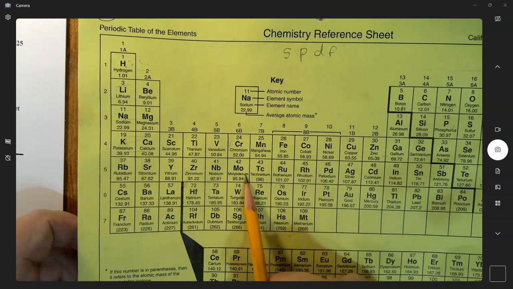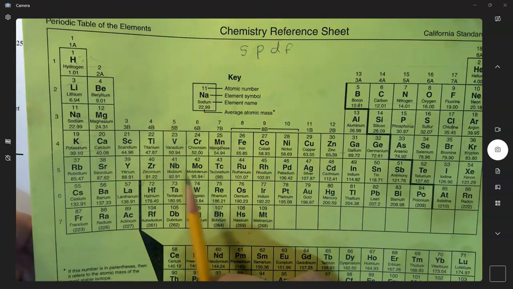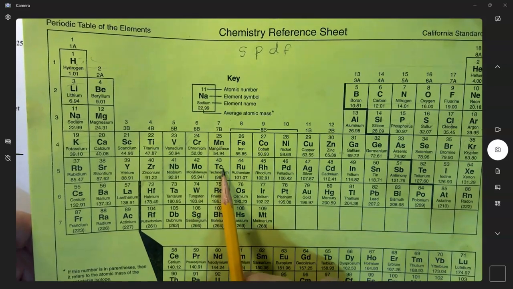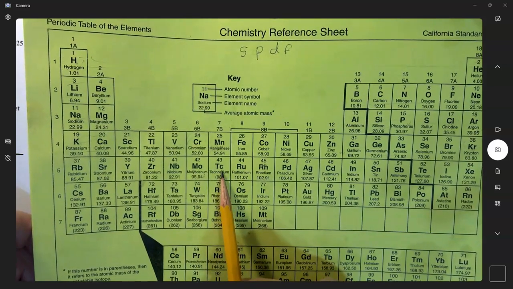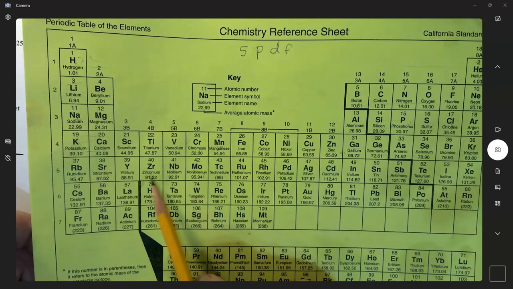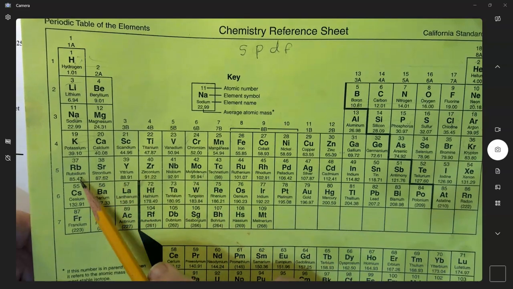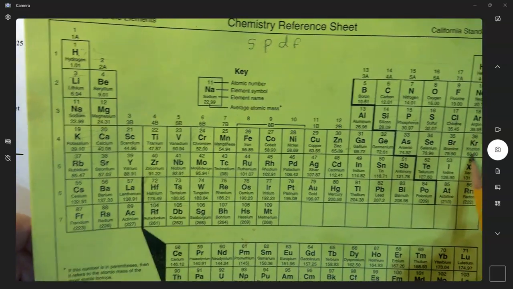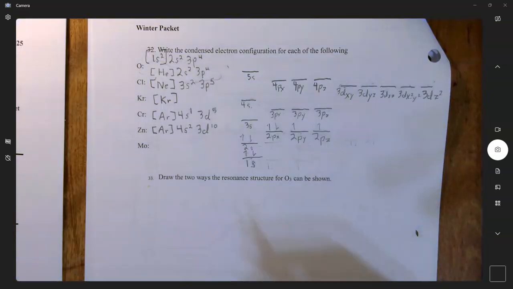Okay, finally molybdenum. Molybdenum is in the 4th row, and you can see it's the 1, 2, 3, 4th element. So if you can add an electron, it'll be halfway filled, and that would make it like technetium. And so it's going to do that. It's going to borrow one from the 5s. So you start with the noble gas in the row before that, which is krypton right there.